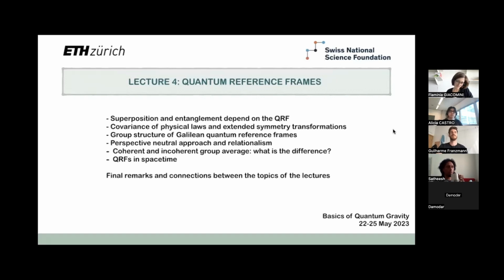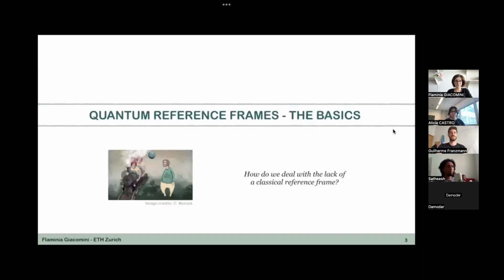I'm going to focus on a specific approach to quantum reference frames, and tell you about some results that we have obtained within this approach. And then at the very end, I just wanted to spend a few minutes to connect the different topics that we discussed during these 4 lectures. But first, let me start with quantum reference frames.